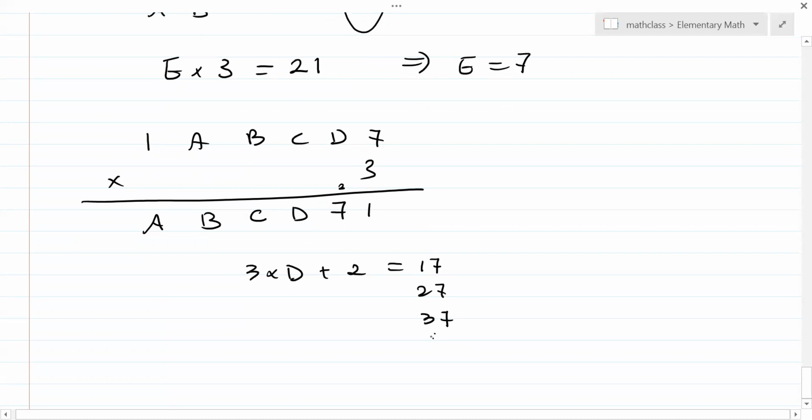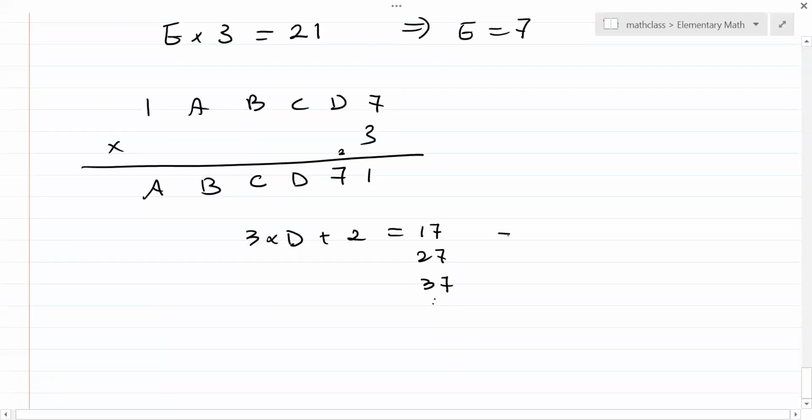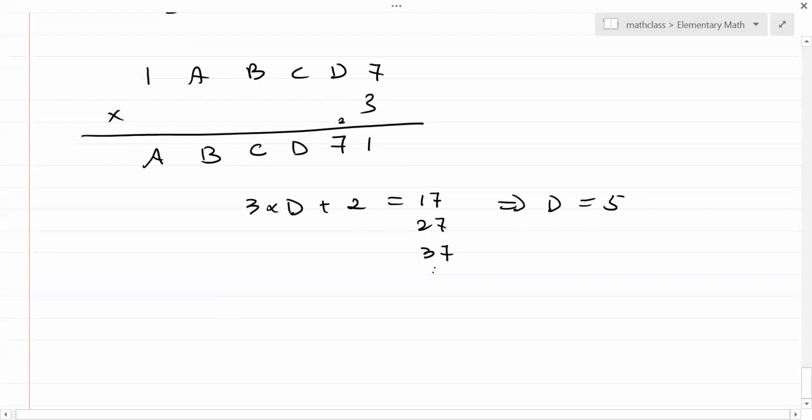But is 27 possible? Impossible. And 37 minus 2 is 35, and 35 divided by 3 is impossible. So you can figure out D must be 5.